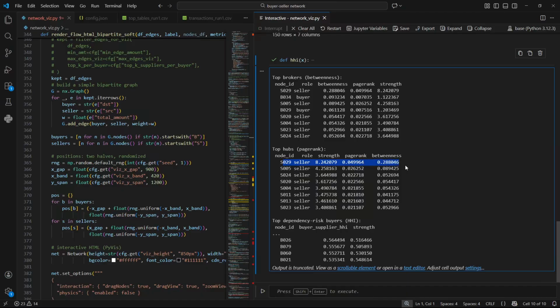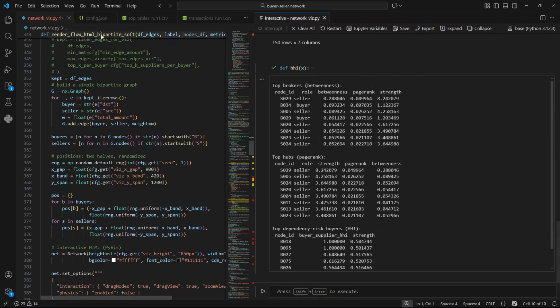That is what the notion of a small world or high-scaled networks usually gives you, that when we have hubs that proportionately get most of the transactions, most of the edges, they could possibly dominate lots of network metrics. So that's what we see: interestingly, the top broker is also the top hub.